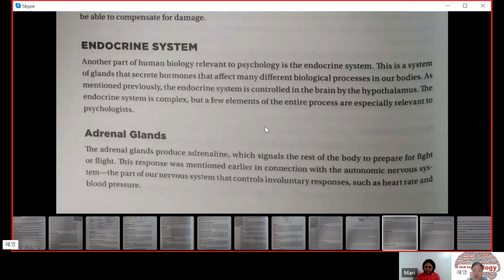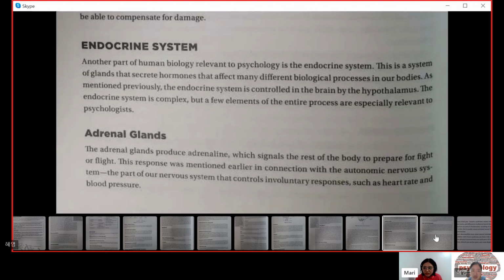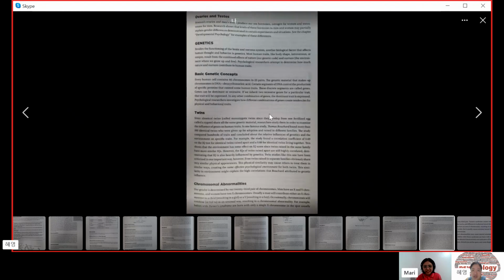This response was mentioned earlier in connection with the autonomic nervous system, the part of our nervous system that controls involuntary responses, such as heart rate and blood pressure. Like when you get too excited. Yeah, exactly.